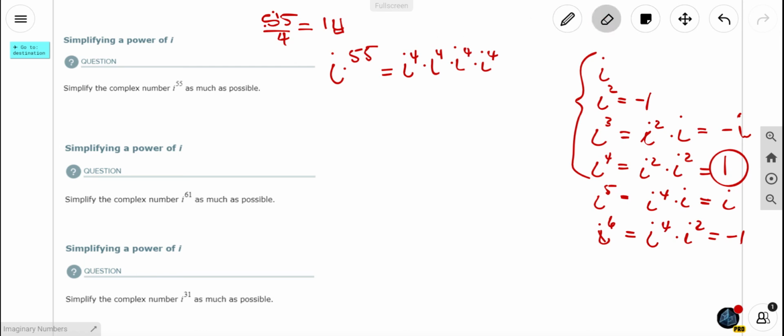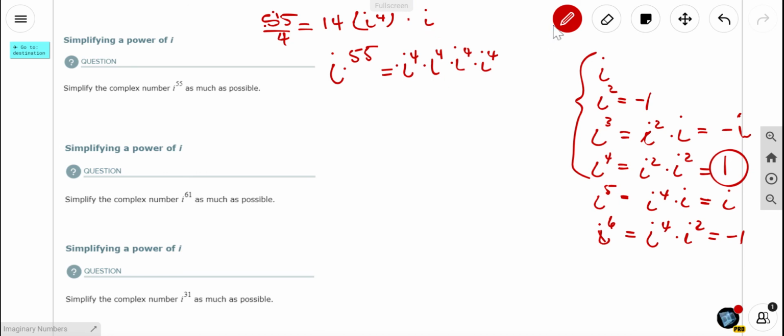So I would have to draw 14 of these i to the 4ths, and that's kind of silly. We don't want to do that. So 14, and then there would be 1 left over. Well, 14 times i to the 4th times i. That's what i to the 55 is.